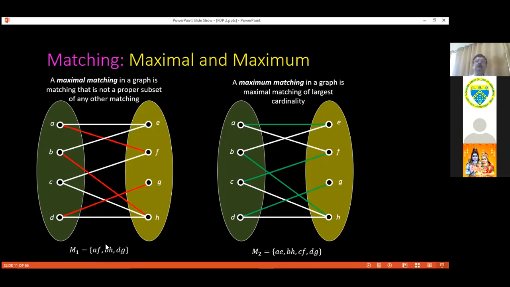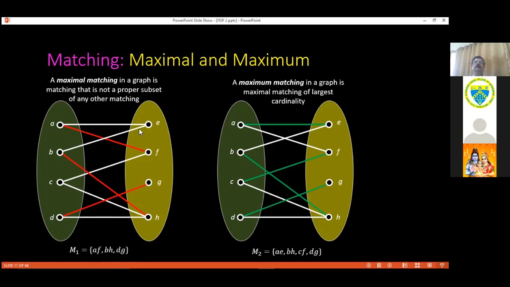Suppose you make this a superset by inserting some other edge which is missing here. For example, if I insert AE, then AE and AF are adjacent, so that is not independent and not a matching. Matching means no 2 edges in this set have a common vertex.